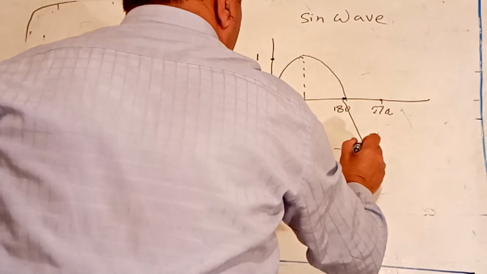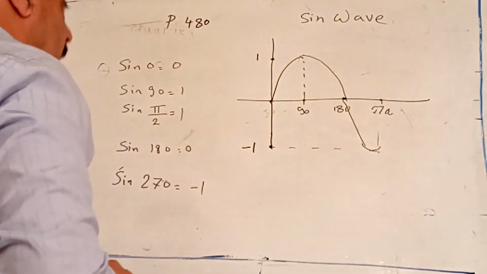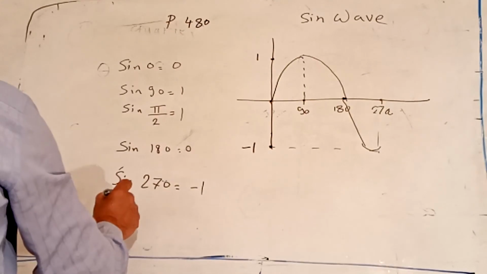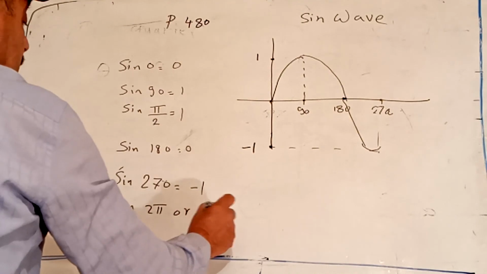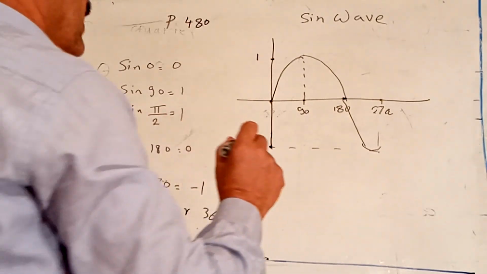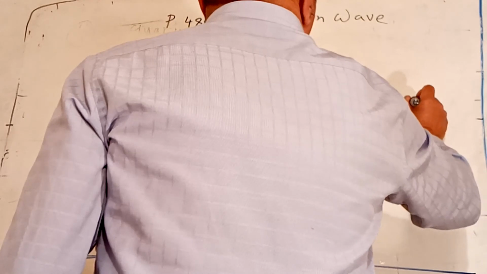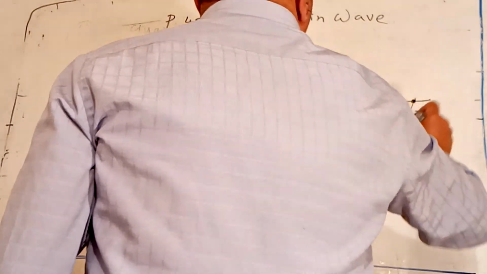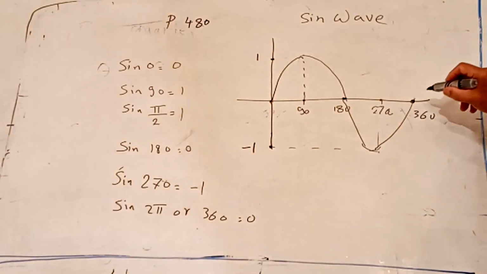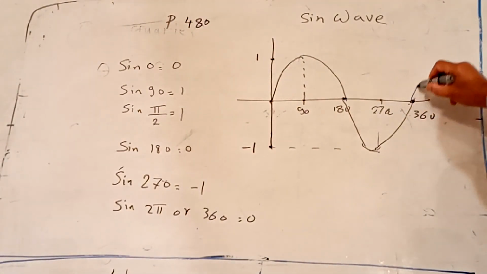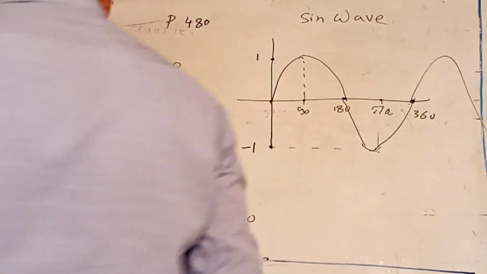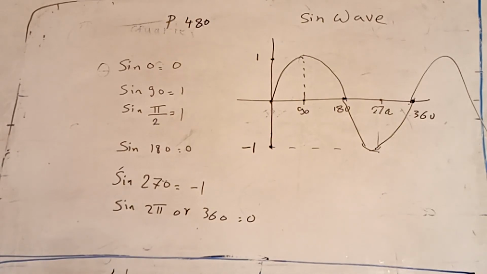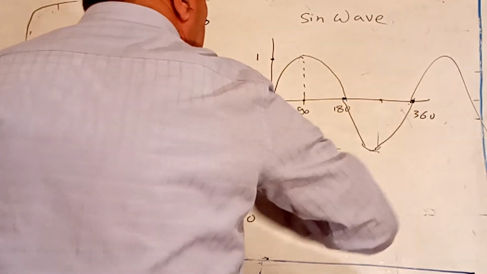It will go to minus 1. And sine 2 pi, or 360, equals 0, exactly as sine 0. So it will go like this, and this is 360, and the sine wave will keep moving like that in the same manner. Please take a little time to look at this.